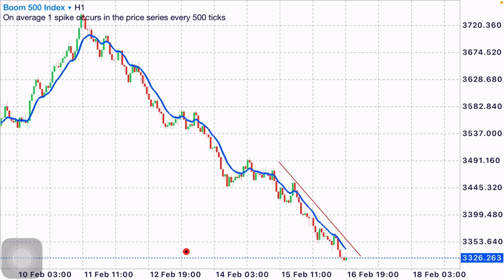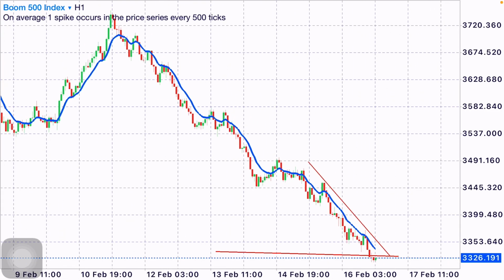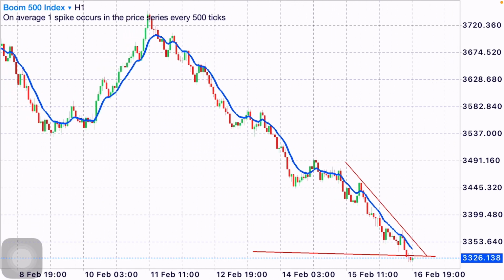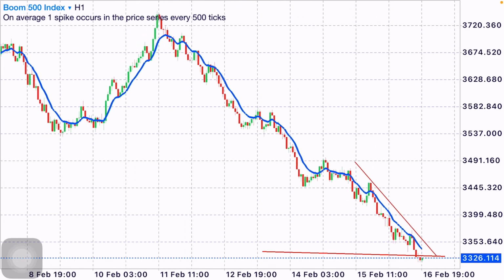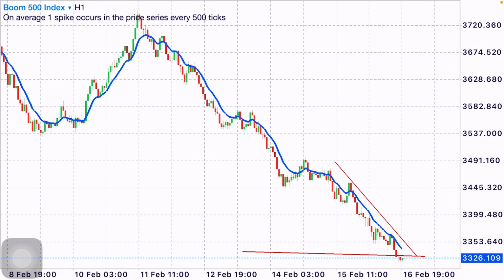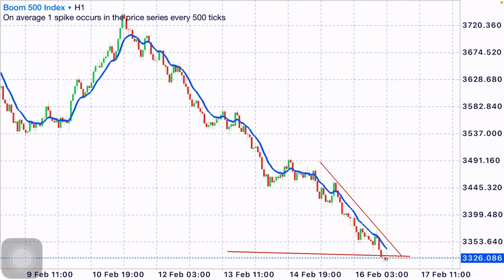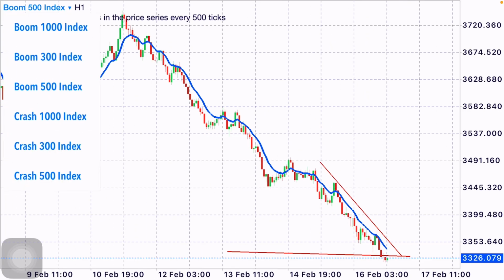Put another trend line like this. So this is how you put your trend line. So let's say it will be long before this market, because the next thing this market will do is to start buying. So this market is a very bad market, as you can see. So that's for that.